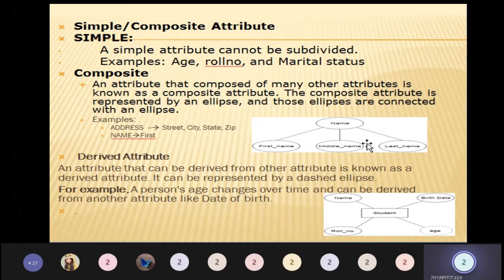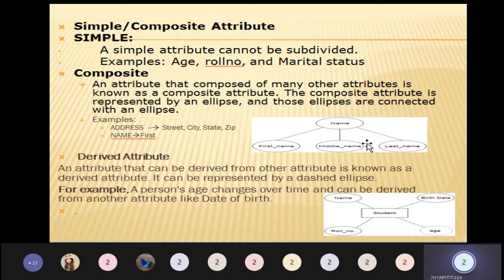Suppose we are taking a student table. In that table there is a student name, which is composed of attributes like first name, middle name, and last name.